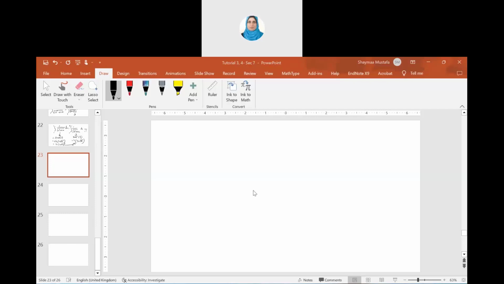The integral of sinh squared 3x dx, by the identity, will be equal to 1 over 2 cosh 2x, so cosh 2x here will become 6x.